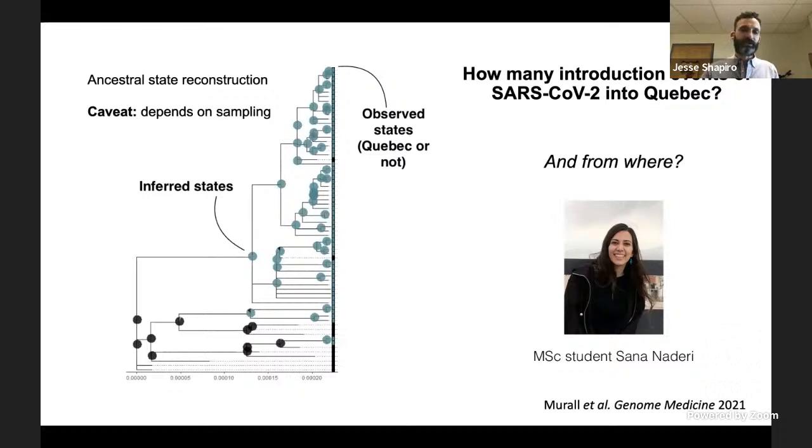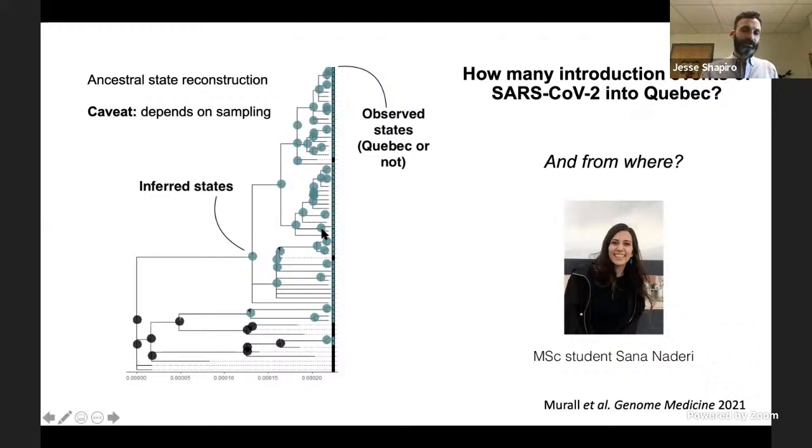So very briefly, and I hope this is sort of intuitive, if you have a phylogenetic tree, and here the little rectangles at the tips are the observed states. In our case, the states are the province of Quebec or some other geographic location. So we observe if a sequence came from Quebec, or let's say in black, if it came from another province or country.